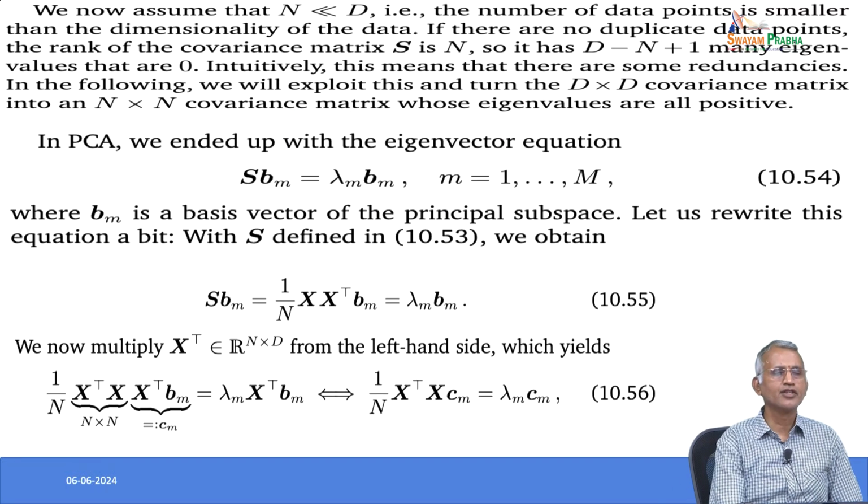We now assume N is much smaller than D, that is, the number of data points is smaller than the dimensionality of the data. If there are no duplicate data points, then the rank of the covariance matrix S is N. So it has D minus N plus 1 many eigenvalues that are 0, and intuitively this means that there are some redundancies. In the following, we will exploit this and turn the D cross D covariance matrix into an N cross N covariance matrix whose eigenvalues are all positive.